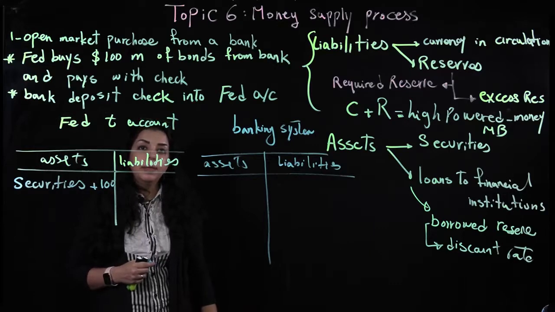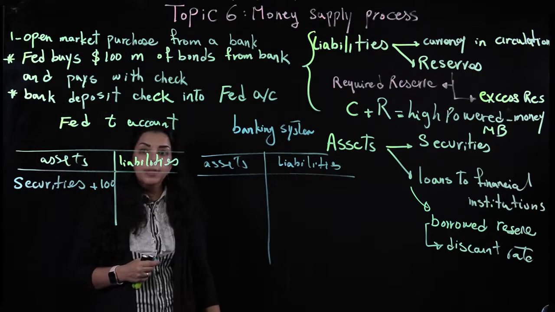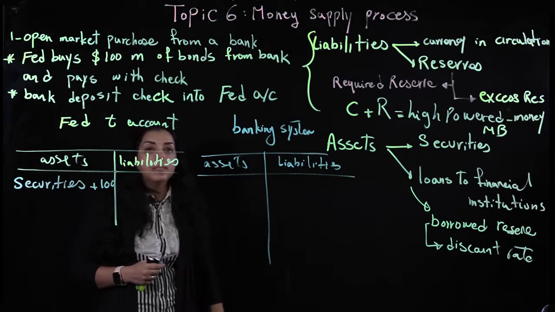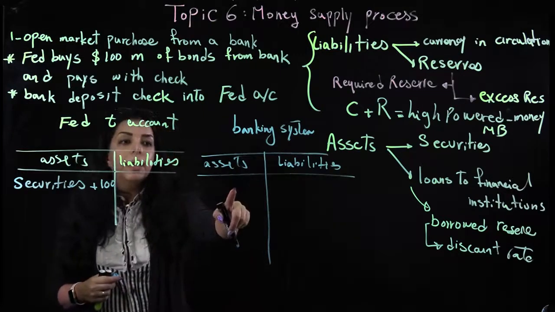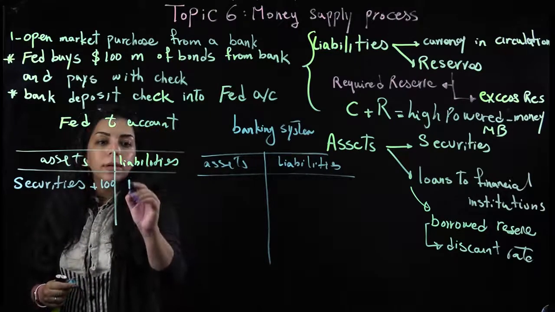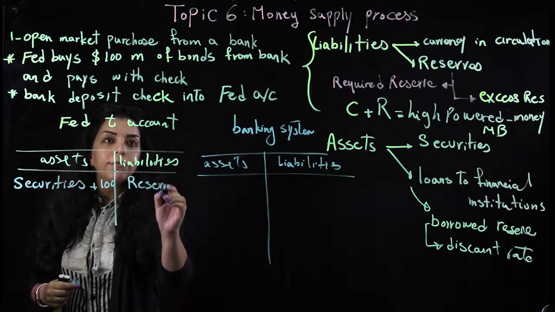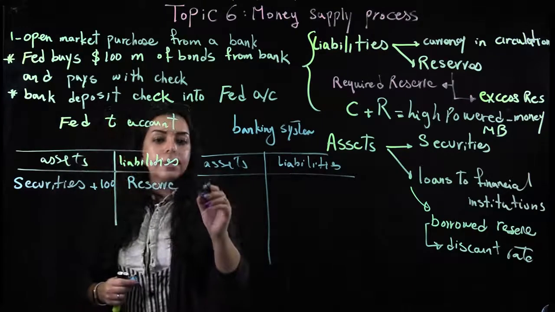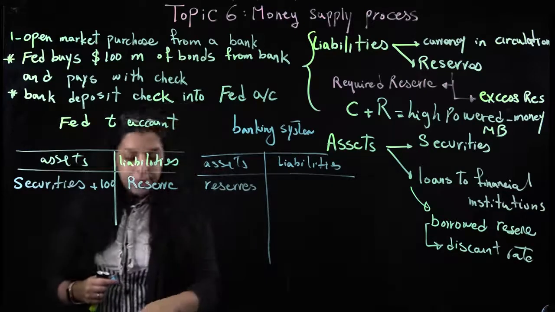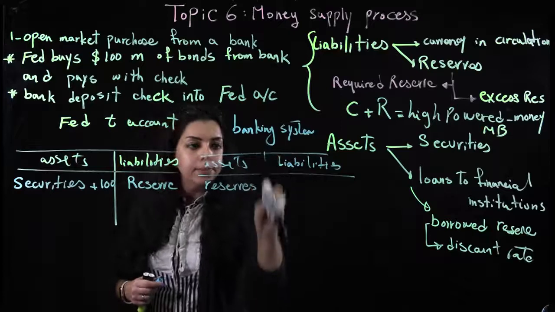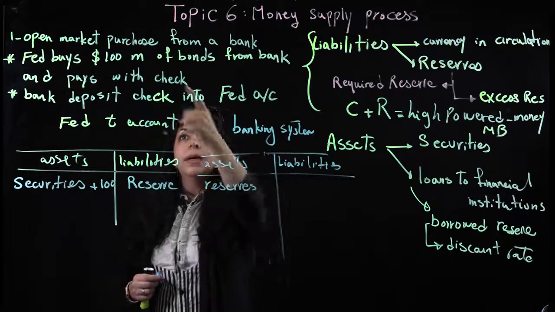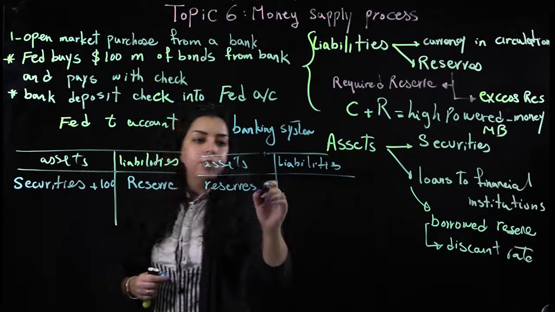So what is happening after the security is increasing? It means that they are giving some reserve to the banking system. And if you remember, we were saying that the reserves are the liability of the Fed, and they are the asset for the banking system. So here the reserves are increasing. How much are they increasing? Of course, by the amount of the purchase, which is 100.